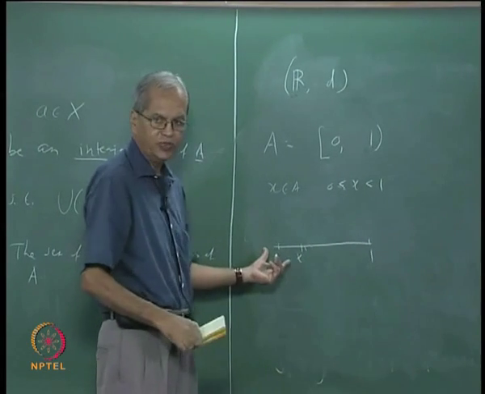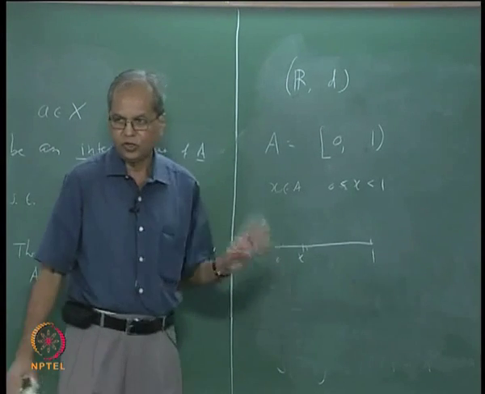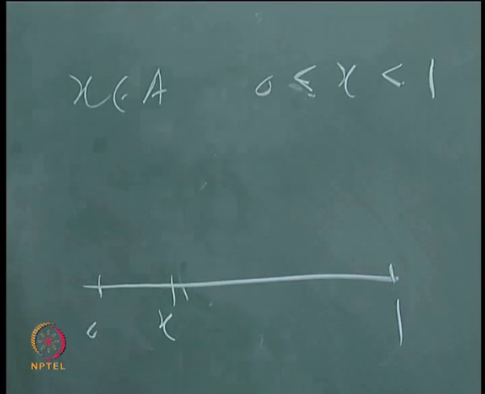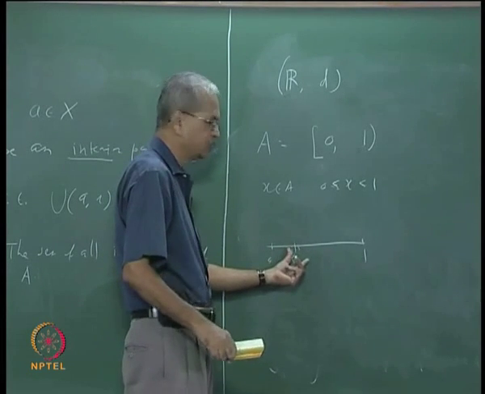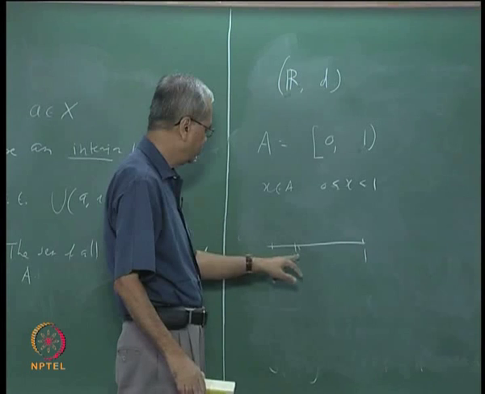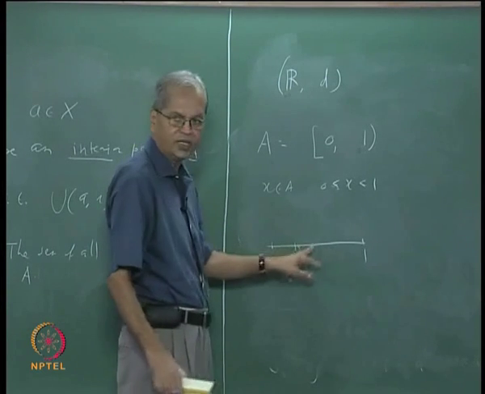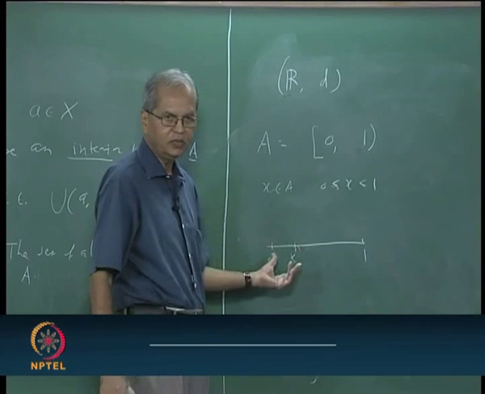Suppose this is 0 and that is 1, and I take any point x here. We have already seen that the ball with center at x and radius r is nothing but the interval x minus r to x plus r. So the whole question is, can we choose r such that the interval x minus r to x plus r lies completely inside A, and the answer is obvious. You take x and 1 minus x, take the minimum of the two, and take any positive number less than that minimum.